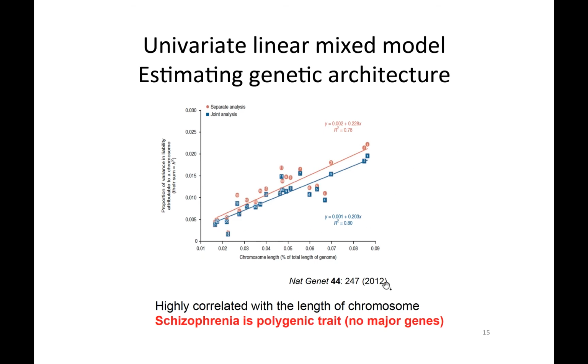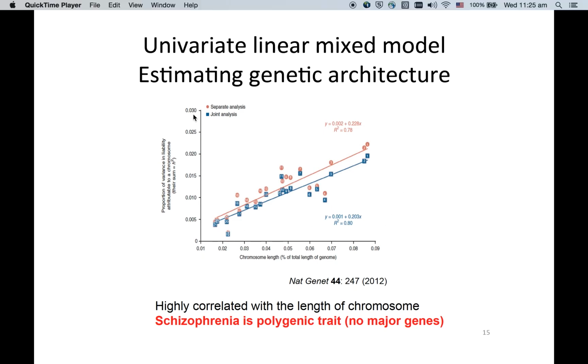So this was published in 2012. This y-axis is heritability, and this x-axis is chromosome length, and this is chromosome 1 to chromosome 22, fitted in a linear mixed model to estimate genetic variance or heritability. You can see the estimated heritability for each chromosome, and this is positively correlated with chromosome length.